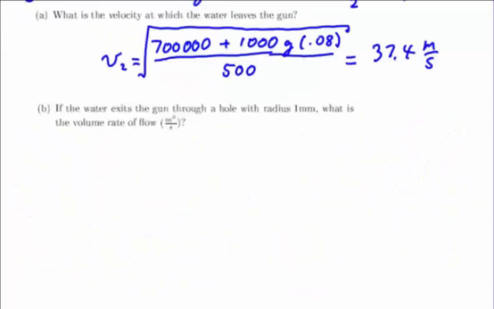In part B of this problem, we are asked to quantify the amount of water that flows out of the SuperSoaker. There are two common ways that one quantifies the amount of water. The first is to take the density of the fluid times the area times the velocity. Looking at the units carefully, you'll find that this gives you kilograms per second as the amount of fluid flowing through a hole.